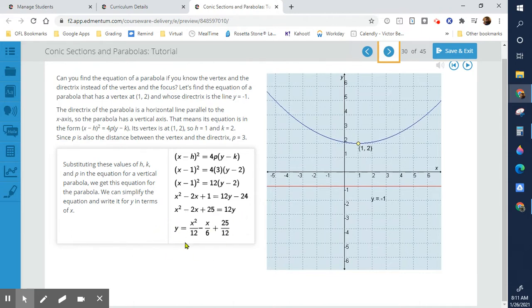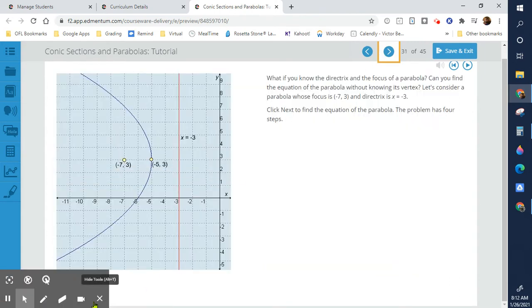So it looks like this one's just a weird parabola that has fractions as coefficients. I was hoping it would go away, but then I realized you would still have to divide by 12 again to get rid of that, which is what happened here. So don't do that. Sorry. That was just a weird parabola.